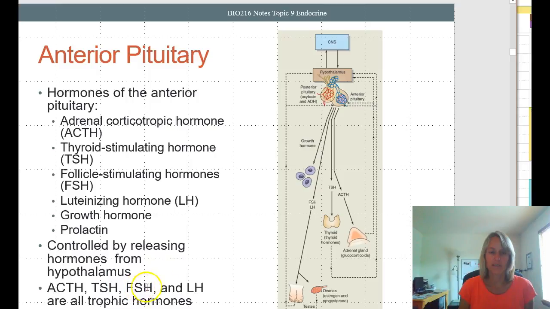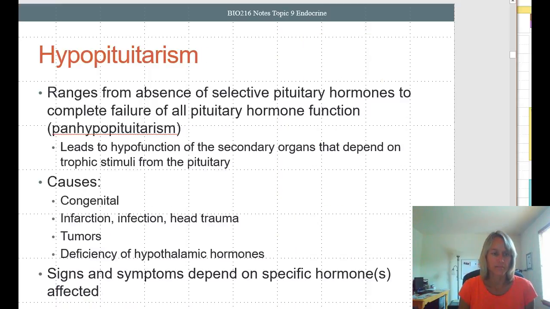ACTH, TSH, FSH, and LH are all considered tropic hormones, because they cause growth and secretion of hormones from their target glands. Okay, hypopituitarism. This ranges from absence of just a selective pituitary hormone to complete failure of all pituitary hormone function, in which case we'd call it pan-hypopituitarism.